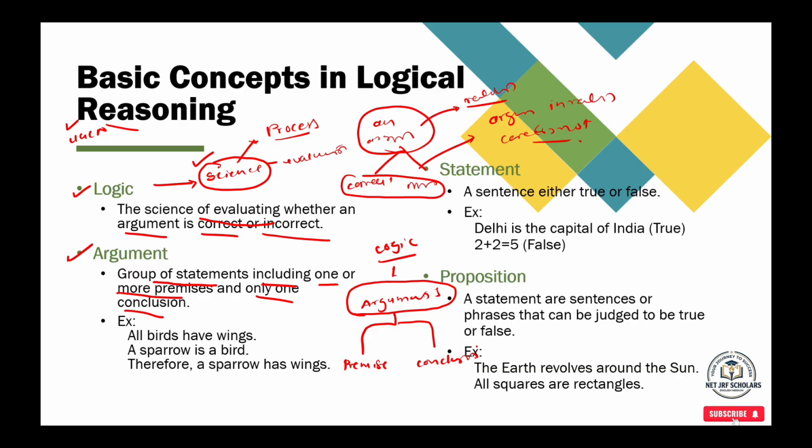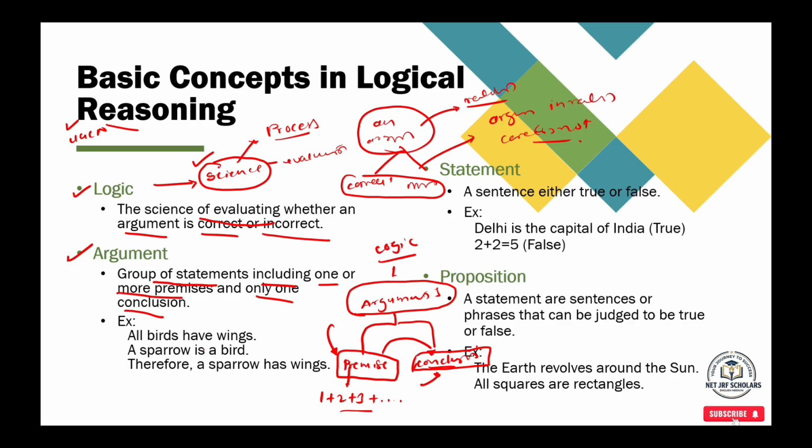What they want to prove is nothing but a conclusion with some supportive statements. Those supportive statements are called premises. It may be one premise, two, three or more, but there is only one conclusion, because the aim of a person is to prove this conclusion using these premises.